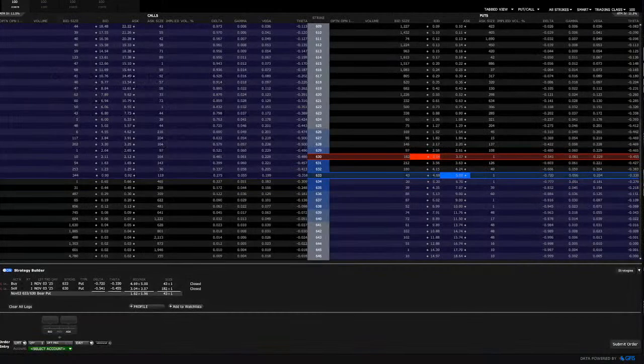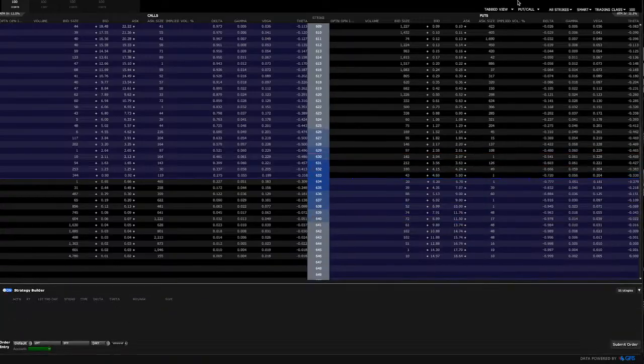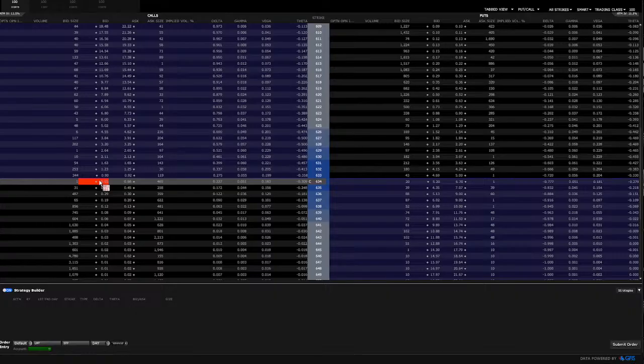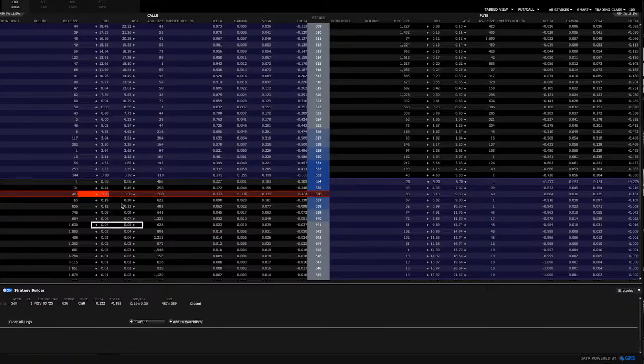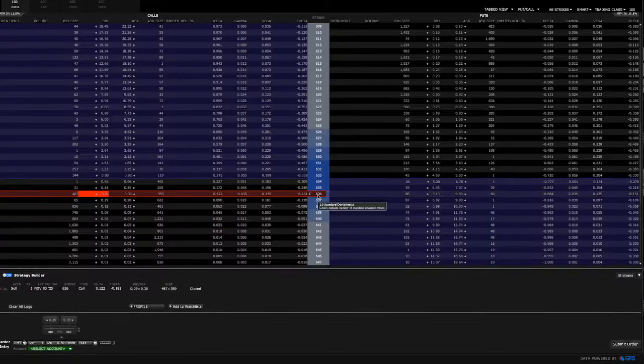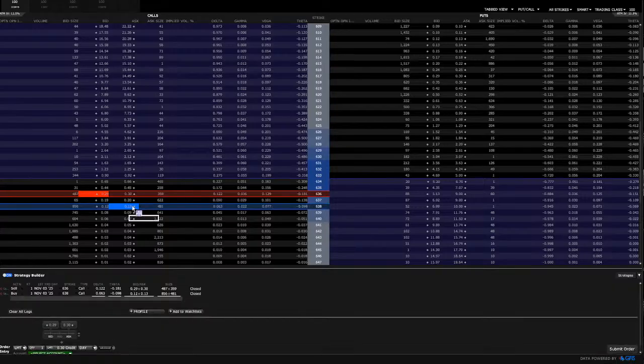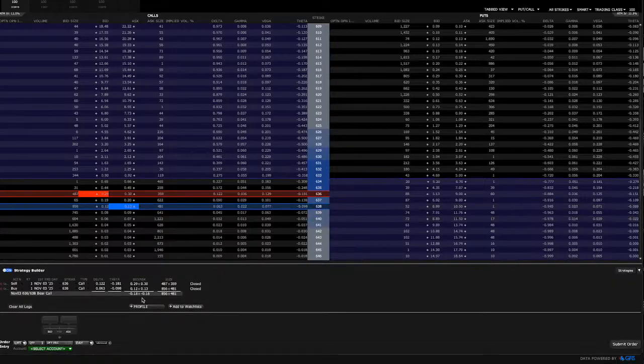So the example will be how you want to construct a bear call spread. In this one, you want to sell nearer to the underlying. So you sell here at 636, then you buy here at 638. Because the market isn't open right now, for example, you will collect about 0.17 and your exposure is $2.